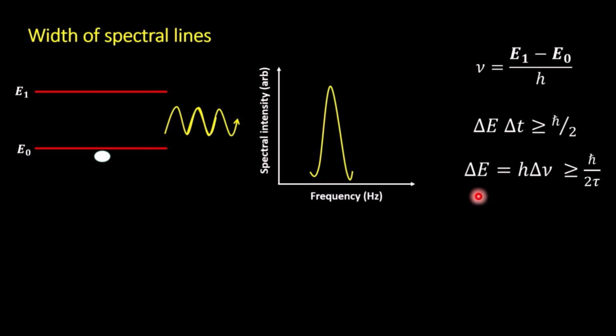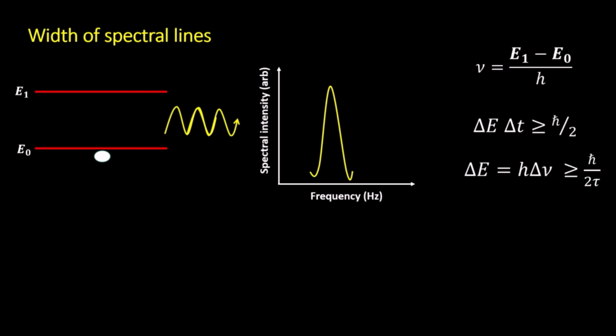Then energy, as you know, is given by the expression h nu. So the uncertainty in energy can be expressed in terms of uncertainty in the frequency. So h delta nu must be greater than or equal to h bar by 2 tau.